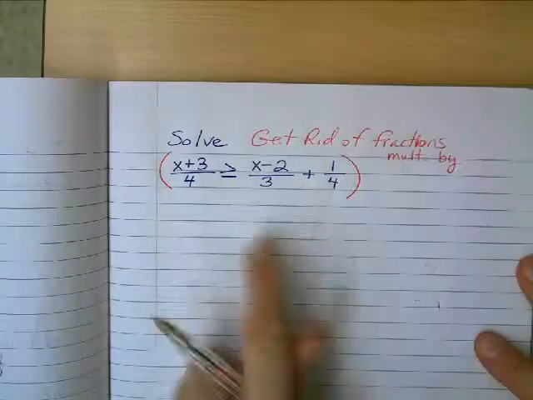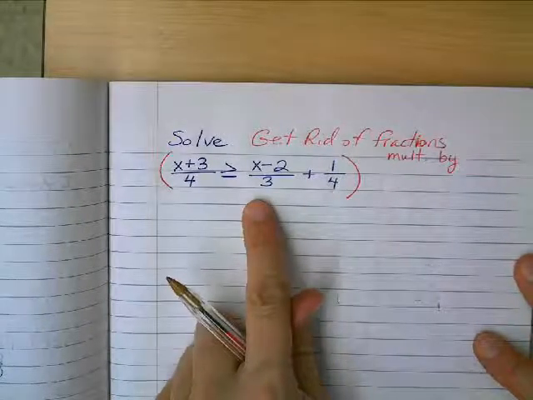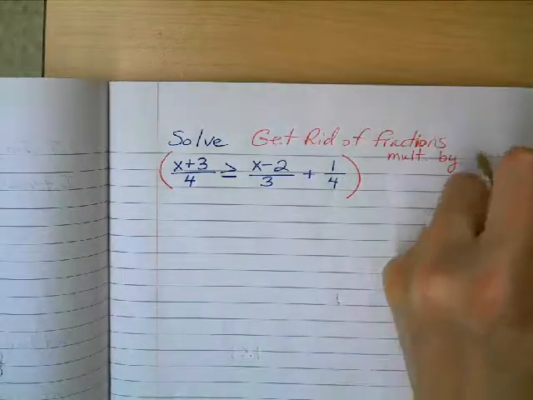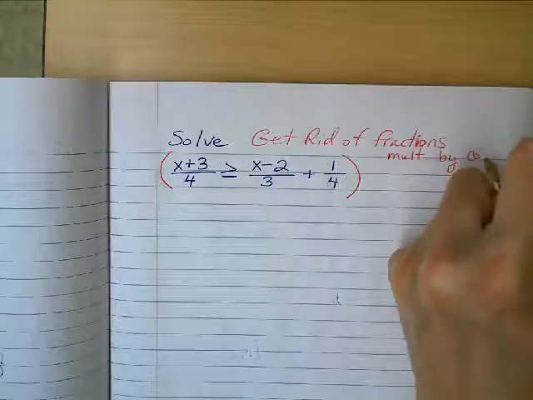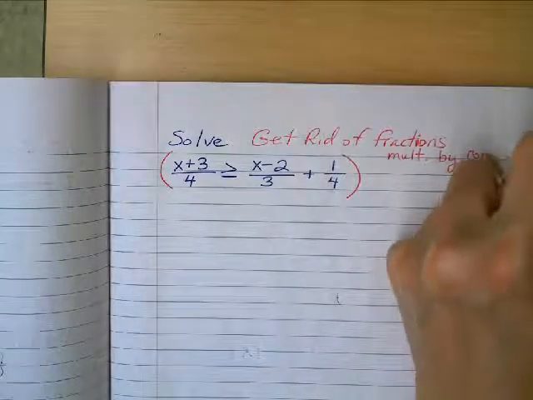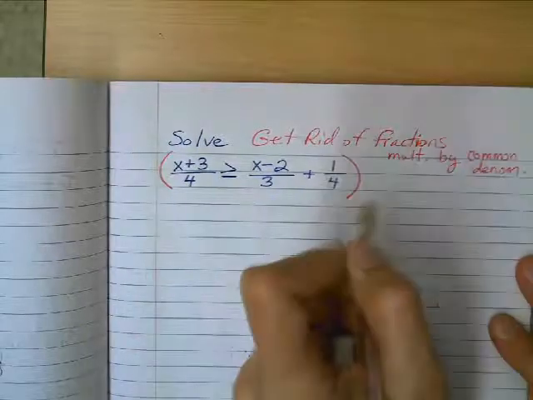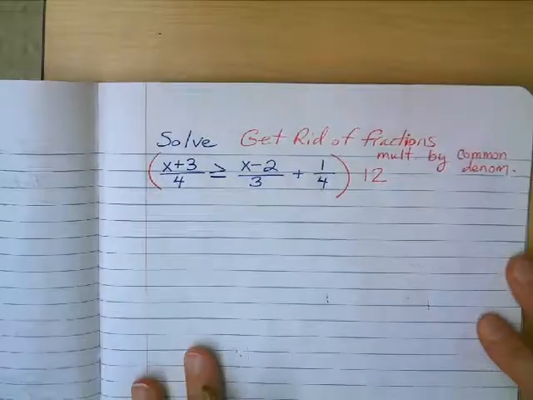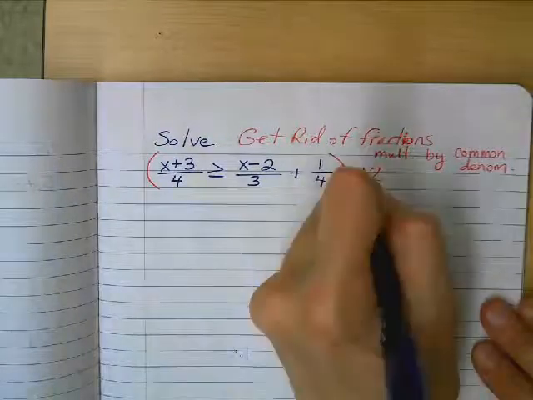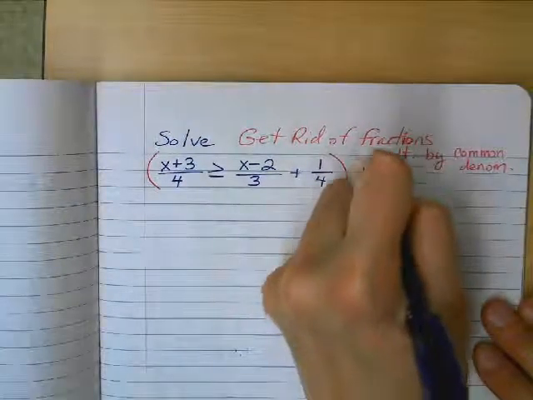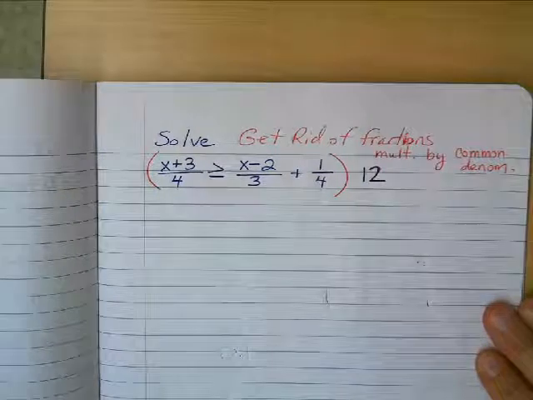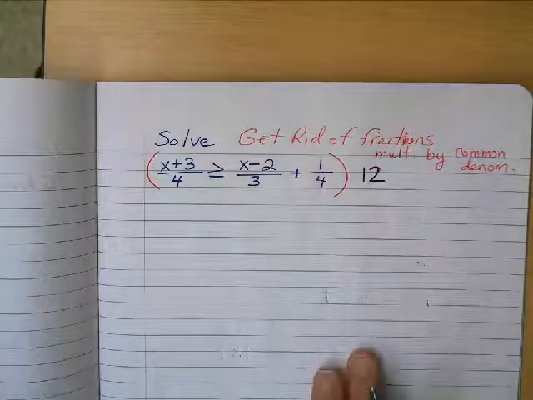What's the common denominator if you see 3s and 4s? 2? Well, 3 doesn't go into 2. Oh, 12. Yeah, common denominator. So you're going to multiply the whole problem by 12. Like 3 times 4 is 12. 3 goes into 12 and so does 4. That's the lowest common denominator.